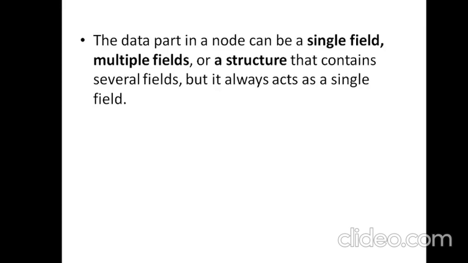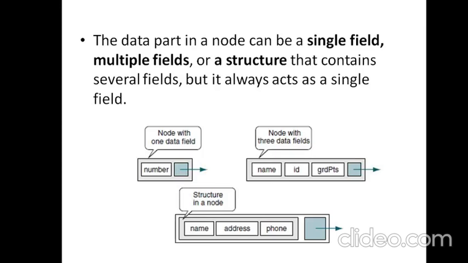Similarly, the data field can also be varied according to the requirement. We can have a single-field data, or we can have multiple fields, or we can even have a structure as a data field. Again, it all depends on the purpose for which we are implementing the linked list. Accordingly, we can make our own selections of these options. So these are examples.